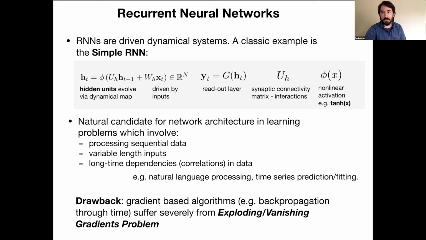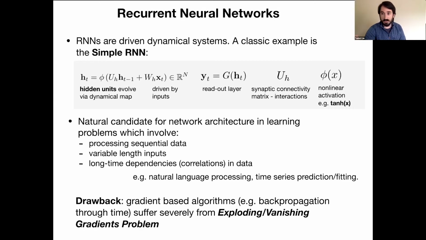Such neural networks are natural candidates to use in learning problems that involve processing sequential data, with potentially variable length inputs and long-term dependencies in the data.